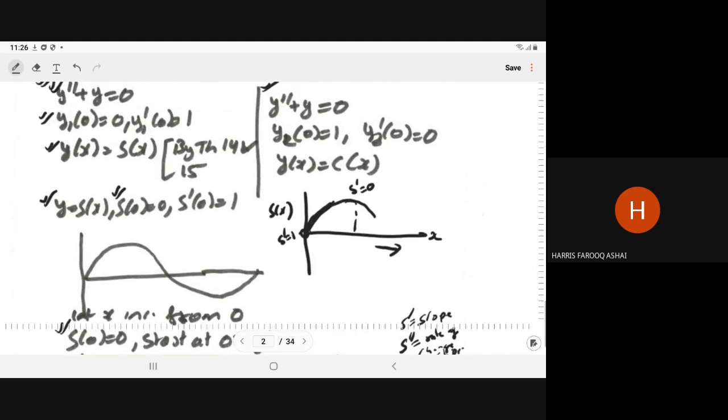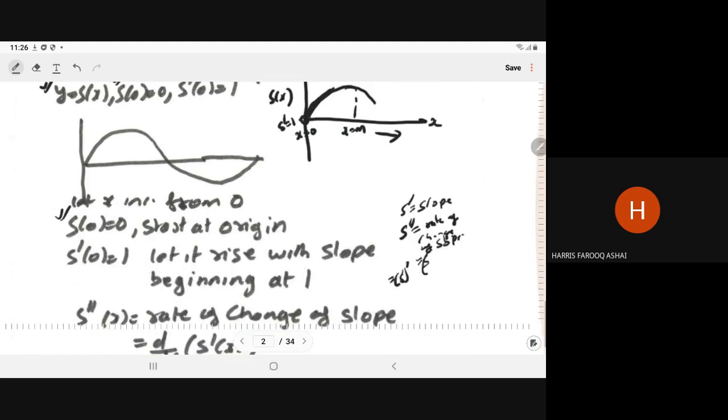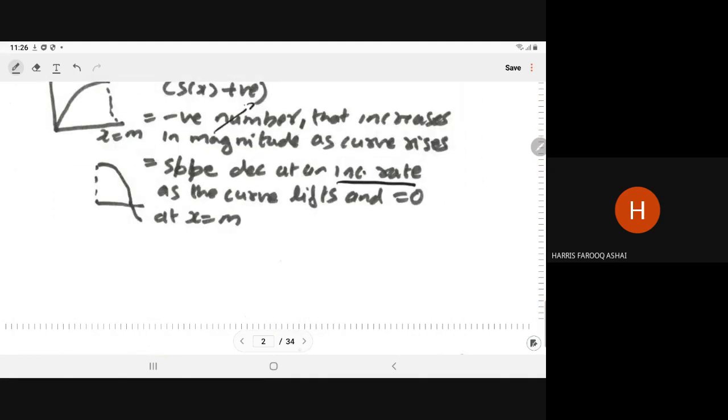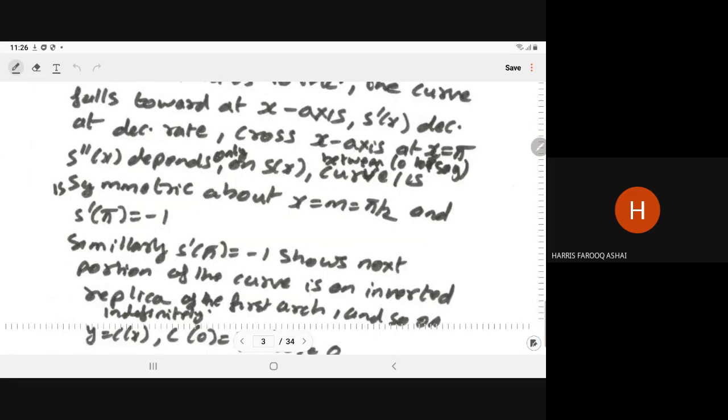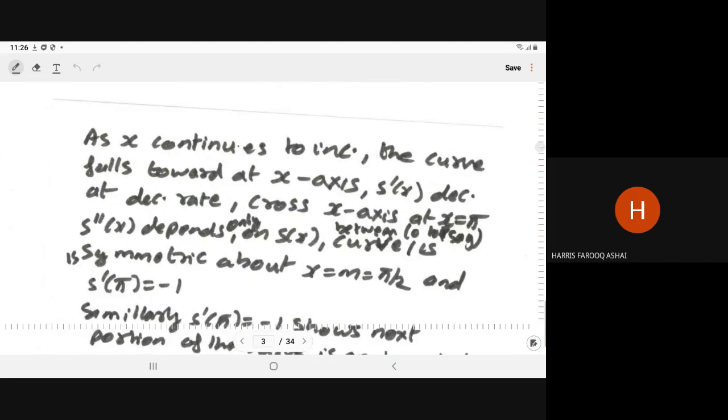Let's say it becomes 0 at x is equal to m. Now x continues to increase, so this curve falls toward the x-axis, and s dash decreases with the decreased rate.